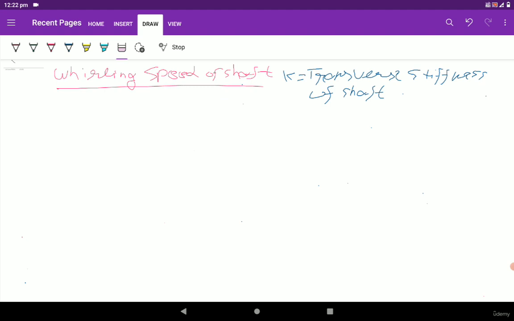This is the initial axis, and the rotor will move in this direction slightly from its initial position, and this is the shaft.